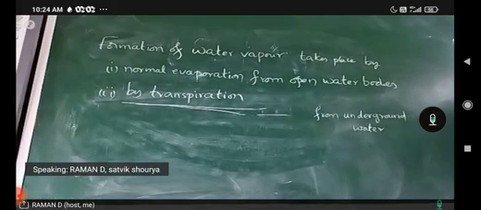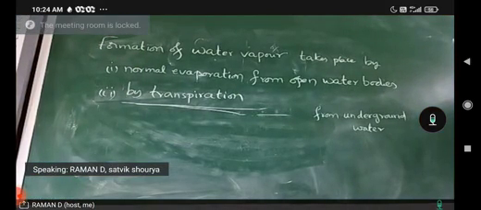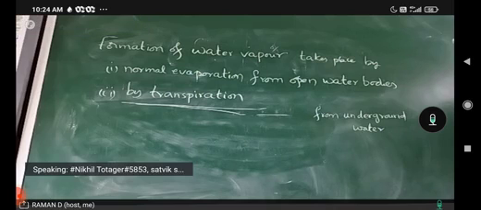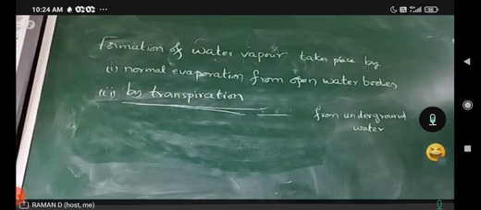By transpiration, from underground water also, water vapor is formed. Good, right.